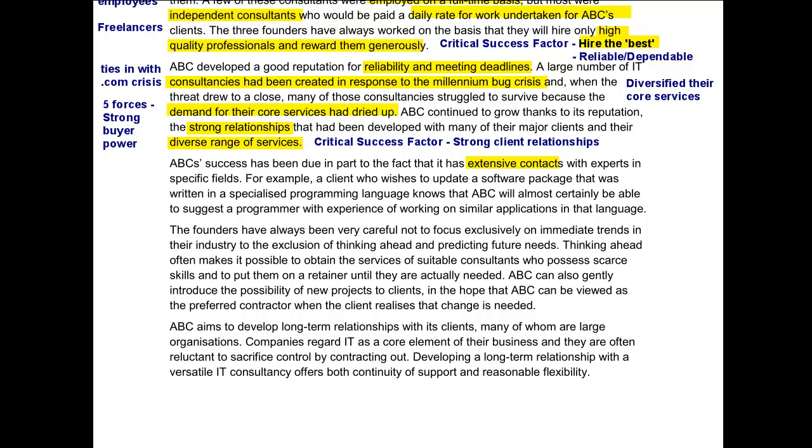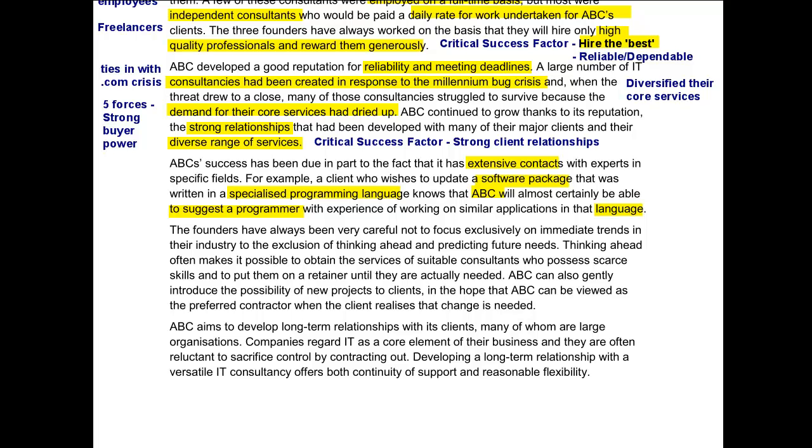And it's given us an example here about a client who wishes to update a software package that's written in a very specific programming language, but they know that ABC will be able to suggest a programmer with experience working in that language. So in a sense, ABC is almost acting as a middleman in this situation.